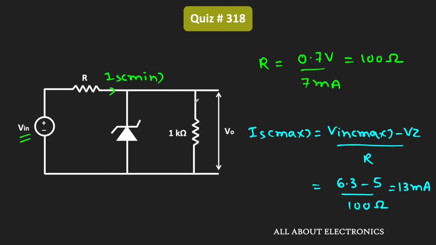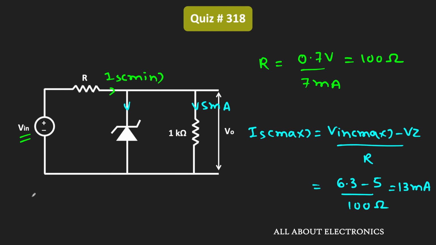Now here this load current IL is fixed, that is equal to 5 milliampere. That means out of the 13 milliampere, the 5 milliampere will flow through the load. That means the remaining current has to flow through this Zener diode, and that will be the maximum current which is flowing through the Zener diode.